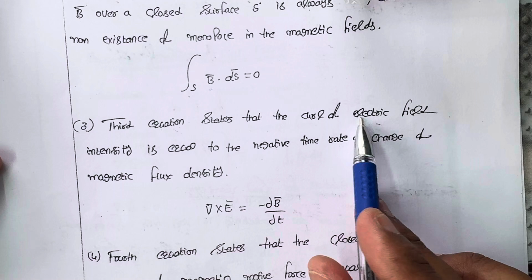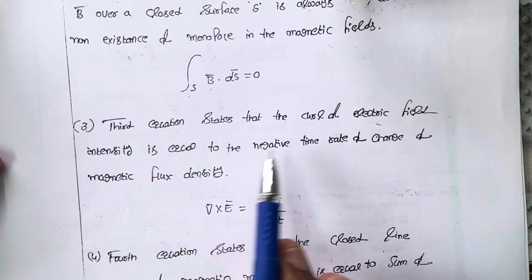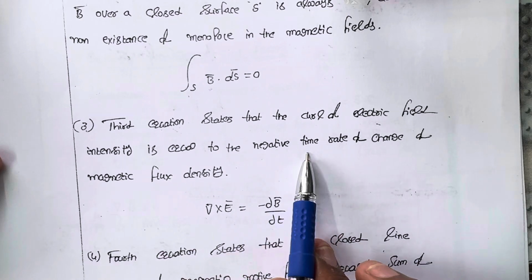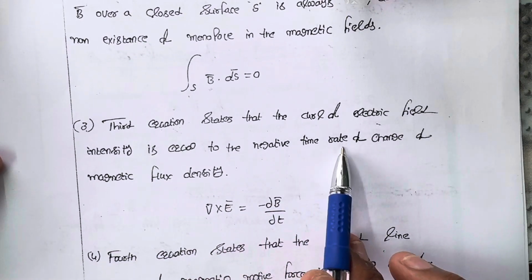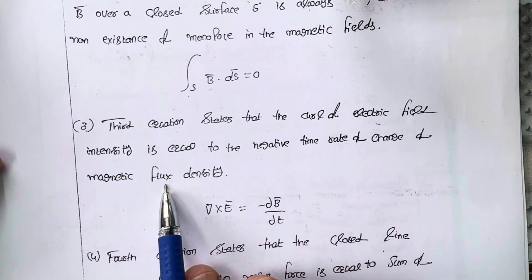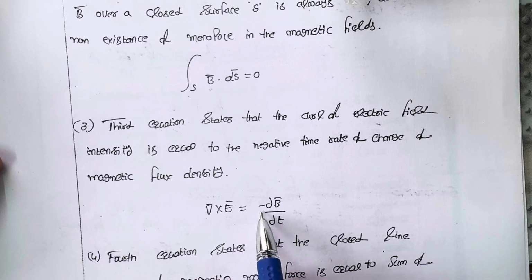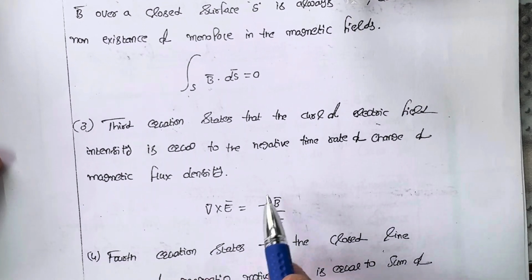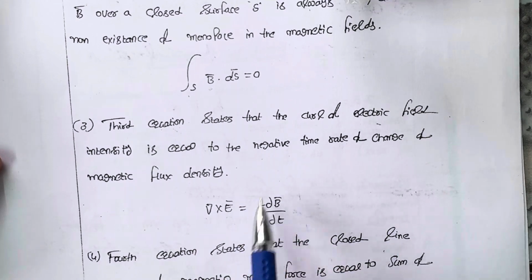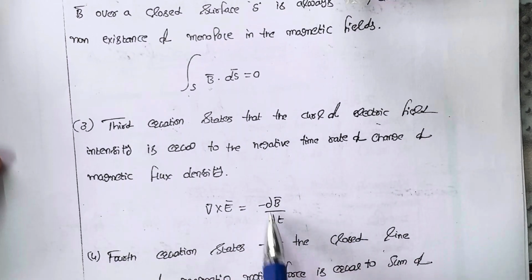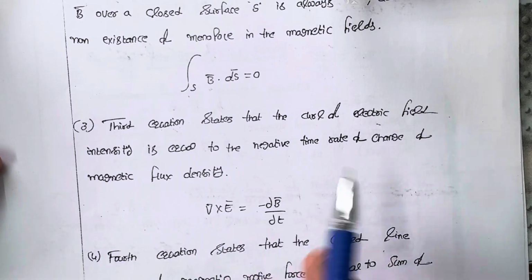The curl of electric field intensity E bar is equal to the negative time rate of change of magnetic flux density. Here B bar is magnetic flux density, and here it is negative. Dou by dou t means rate of change of magnetic flux density, that is B bar.